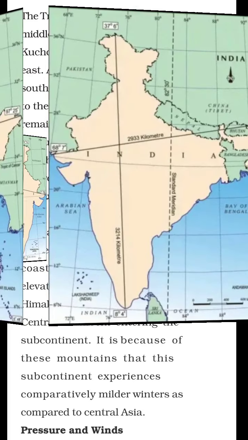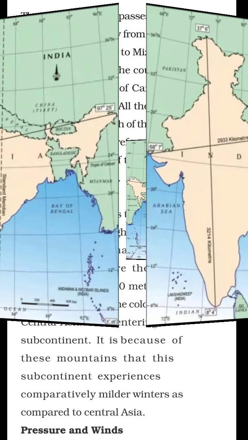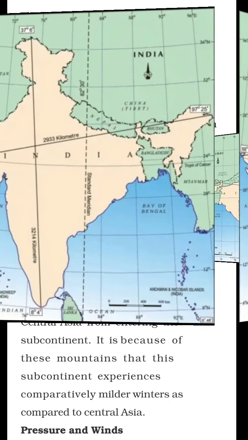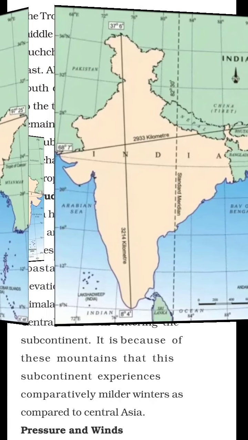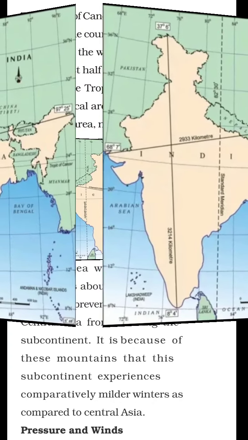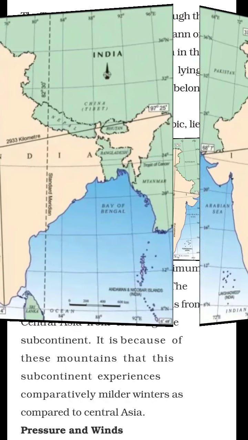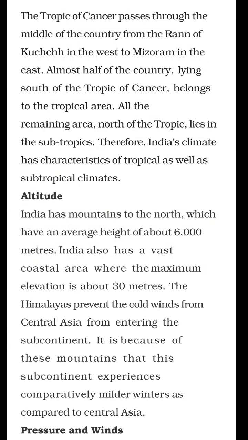Now we are going to see altitude. Altitude means height, or elevation in the relief feature. India has mountains to the north which have an average height of about 6,000 meters. India also has a vast coastal area where the maximum elevation is about 30 meters. So we can see that India has high mountainous peaks.